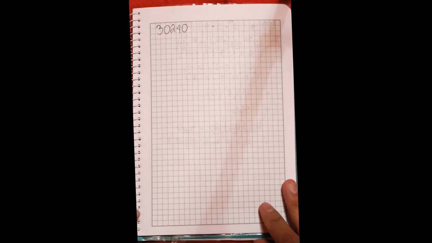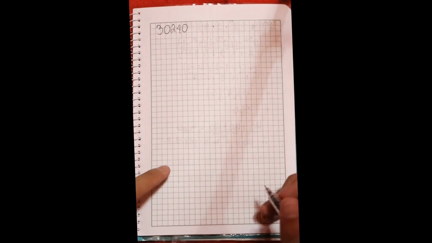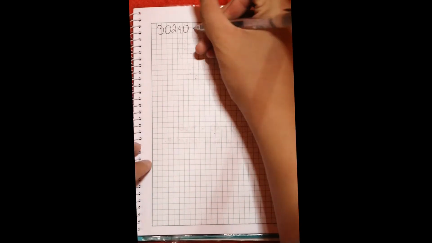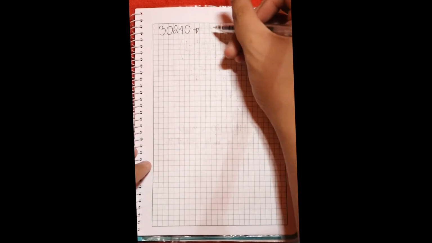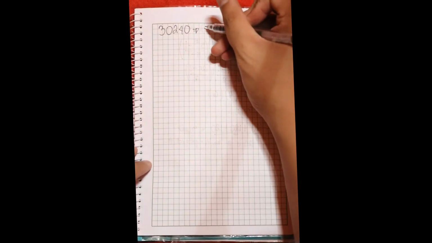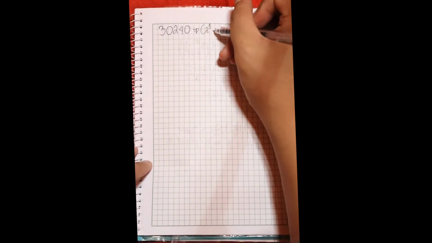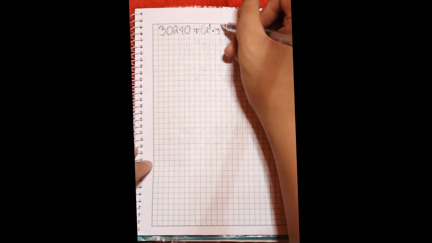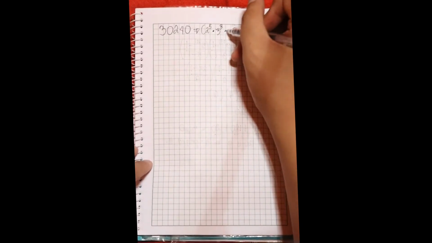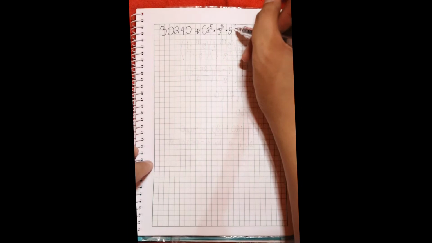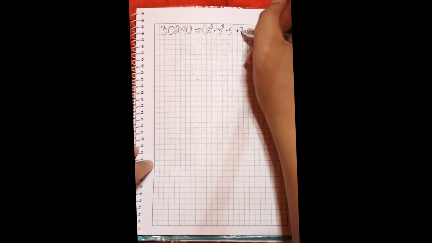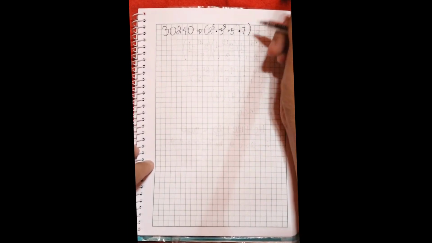Next example, we have 30,240. Let's check whether this number is a multi-perfect number or not. First step again is to find the prime factorization of 30,240, and it is 2 raised to 5th times 3 raised to 3 times 5 with exponent 1 times 7 with exponent 1.